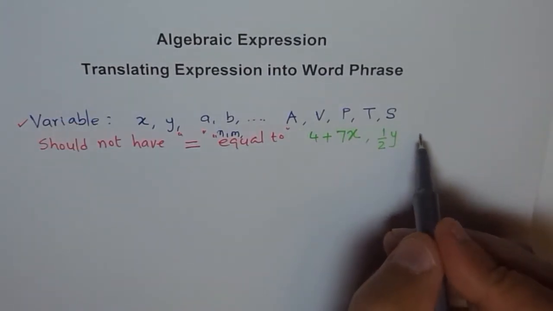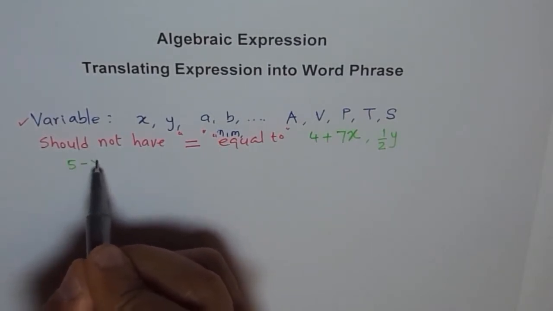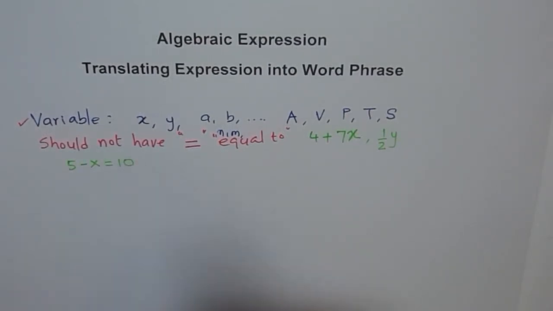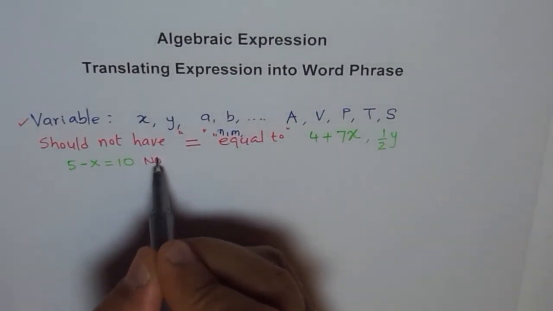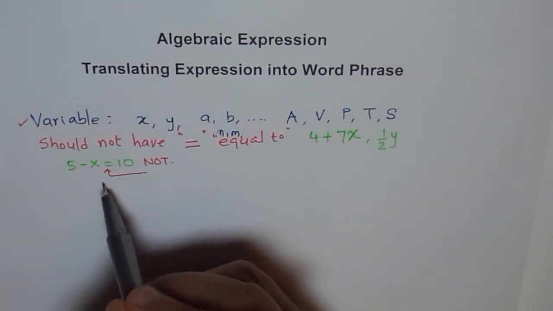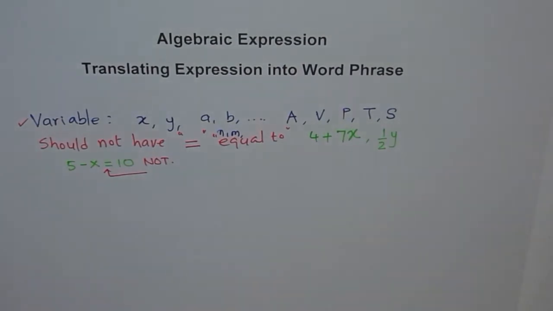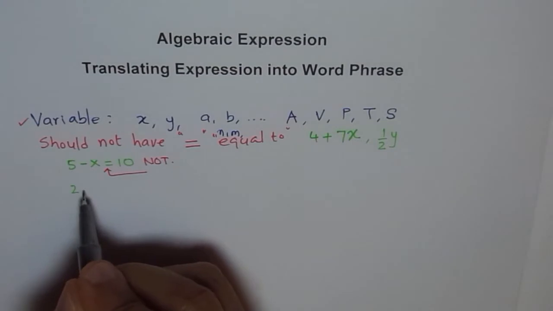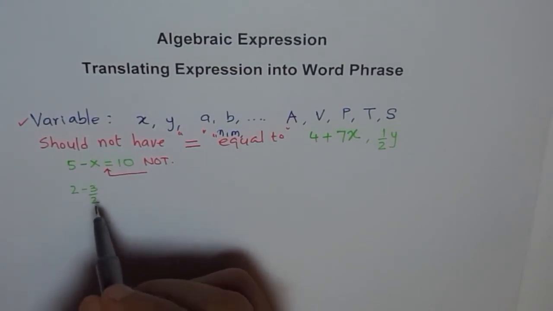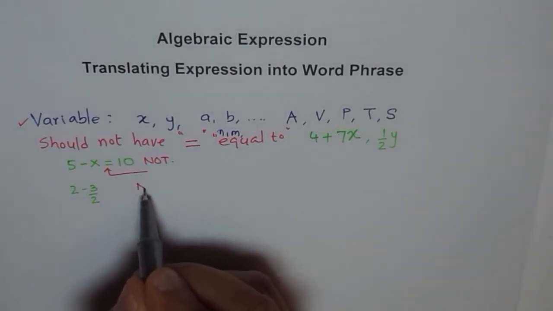But if I write, for example, 5 minus x equals 10. Is this an algebraic expression? No, it is not. Why? Because of this equal to. An algebraic expression cannot have an equal to sign. Do you understand? Another kind of expression which is not algebraic is 2 minus 3 over 2. This is an expression, but it is not an algebraic expression. Why?